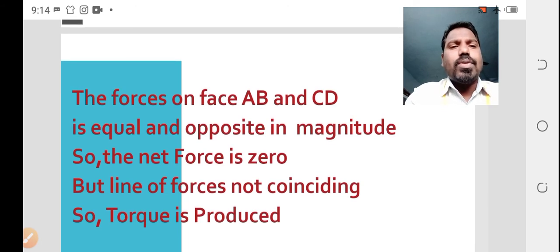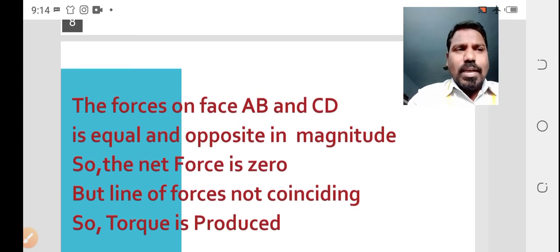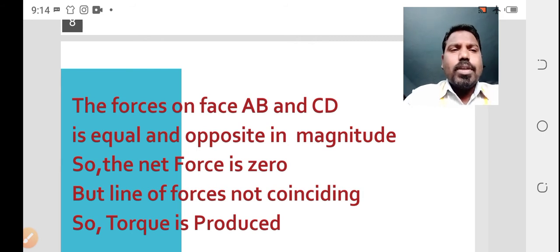So what is the net force? Both forces are the same in magnitude, but opposite in direction.